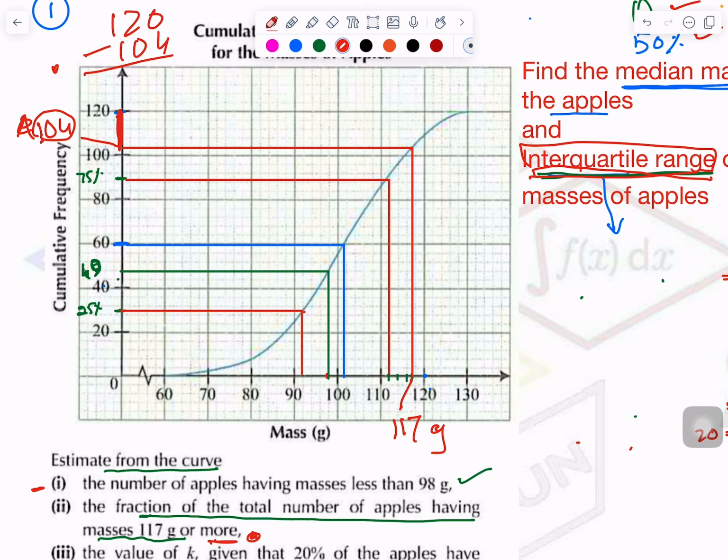What will it be? 16. So 16 apples have mass more than 117 gram. The question wants to know in fraction. So I will say 16 divided by 120, and I will simplify it. This will give me the fraction of the apples having mass more than 117 gram. I hope you understood it.